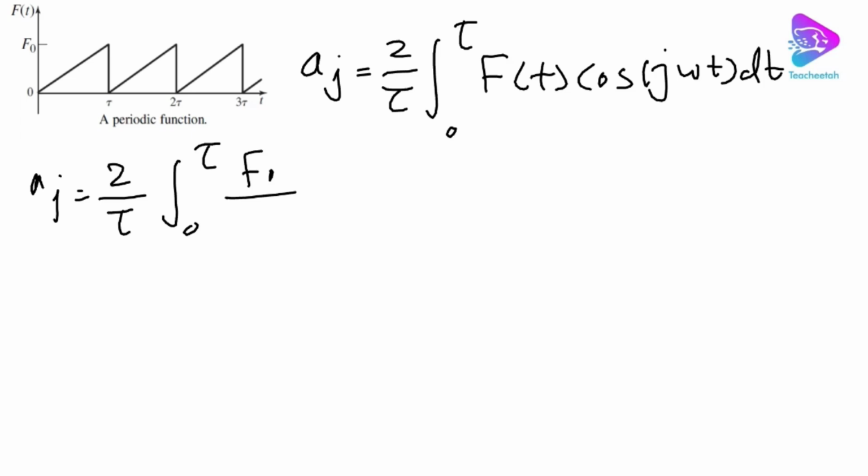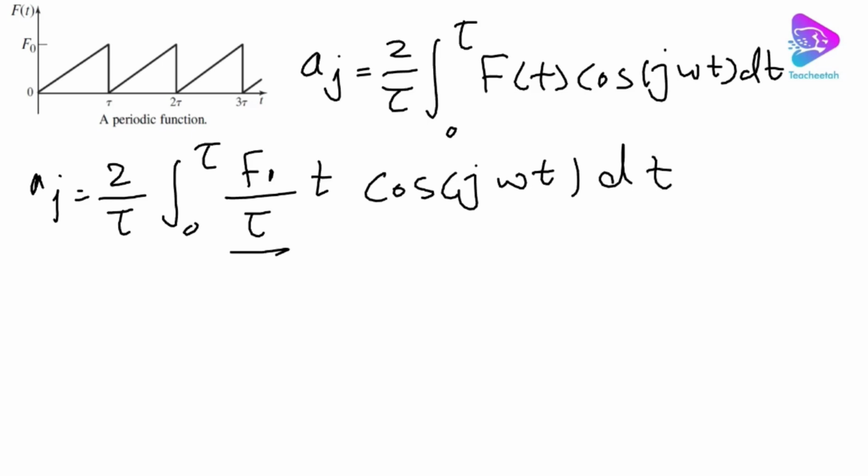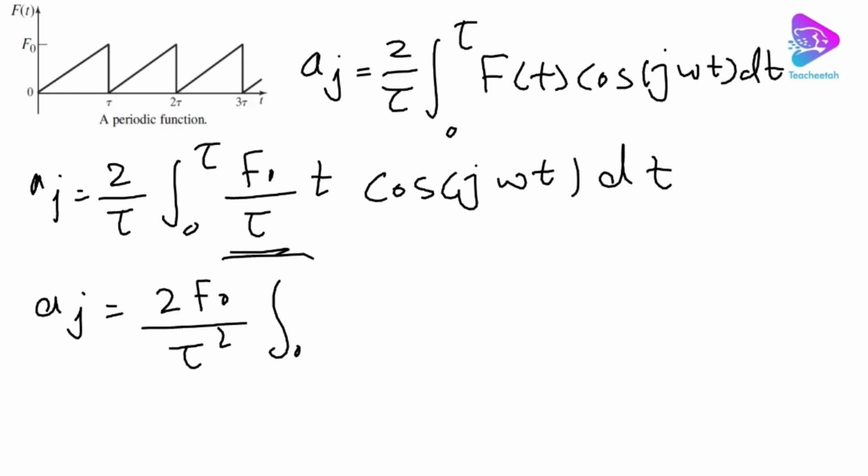You remember that? times t cos j omega t dt. We can take this part out, so we have aj equals 2 F naught over tau squared, integral from 0 to tau of t cos j omega t dt.